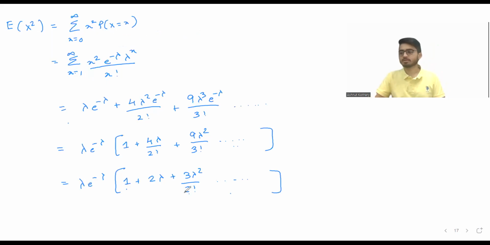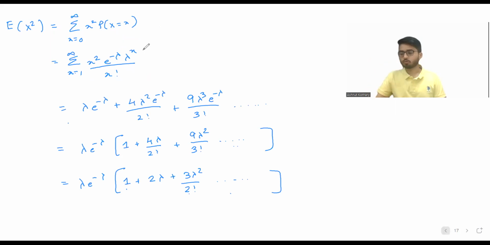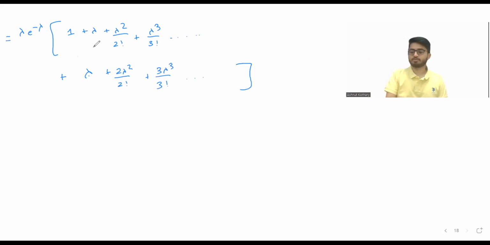I had 3 lambda square by 2 factorial, so I need to add 2 lambda square by 2 factorial. Similarly, next term, what I will be having is 4 lambda cube. So this is lambda cube, this will be 3 lambda cube by 3 factorial, so on. This is one single step.